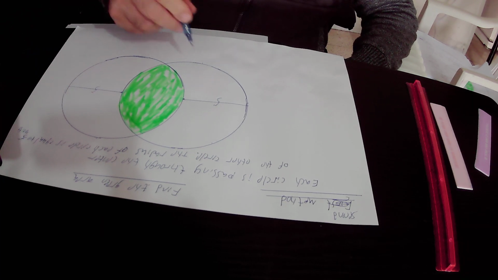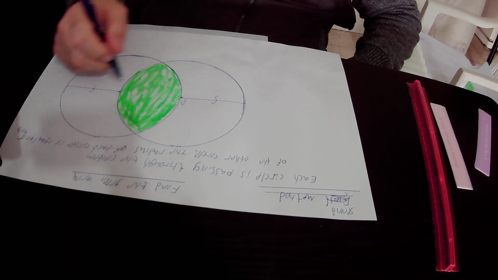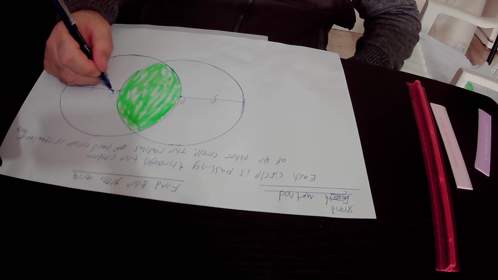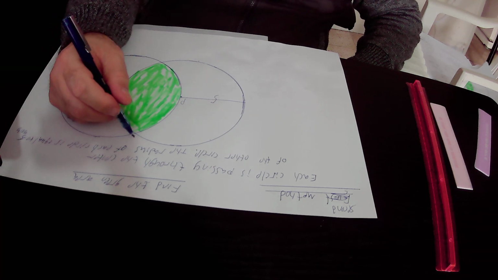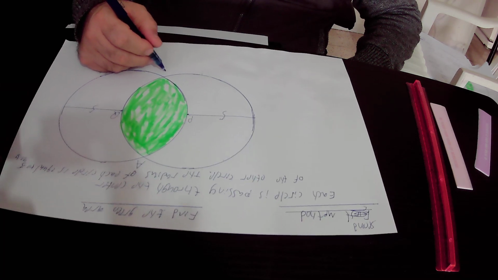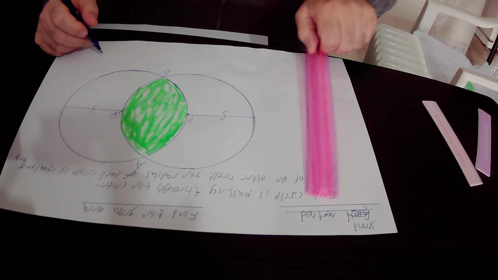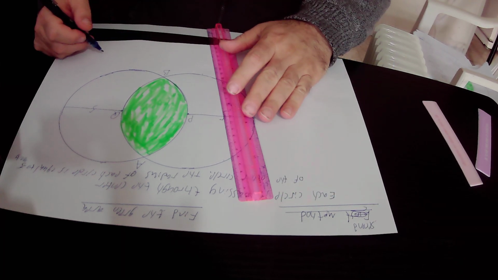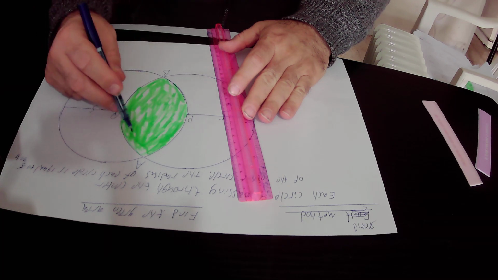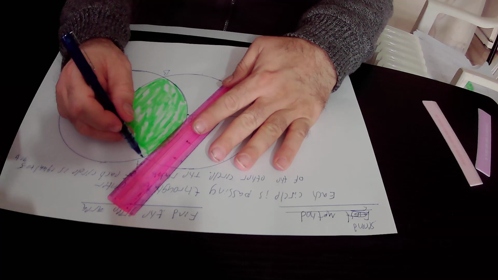Here we define the center of this circle as point P, the center of this circle is point Q, the first intersection point between those two circles is point A, and the second intersection point of those two circles is point B. We will join points AP, AQ, QB, and PB by a straight line.